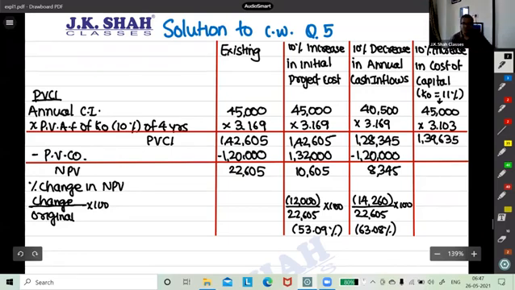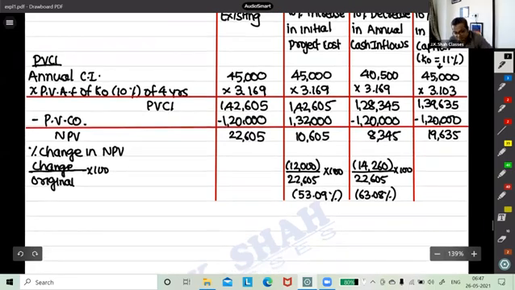Subtract the original PVCO, 120. So we have 19,635. So the change: 19,635 minus 22,605 gives me negative 2,970.